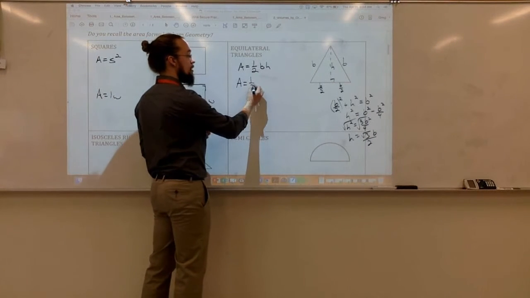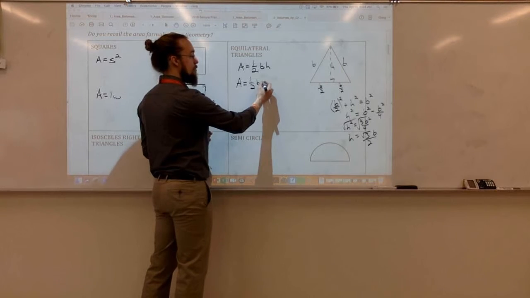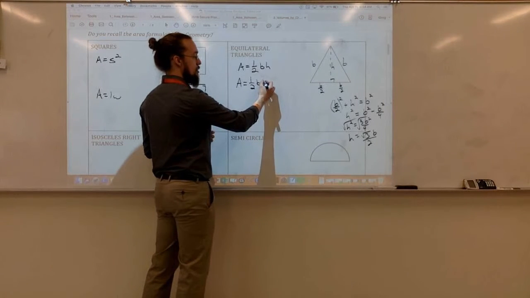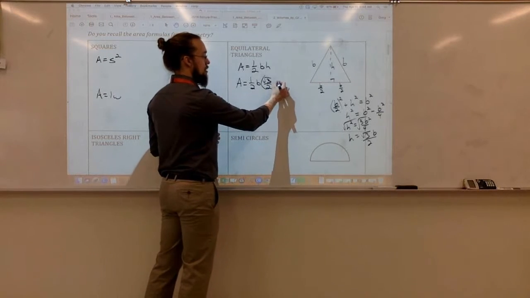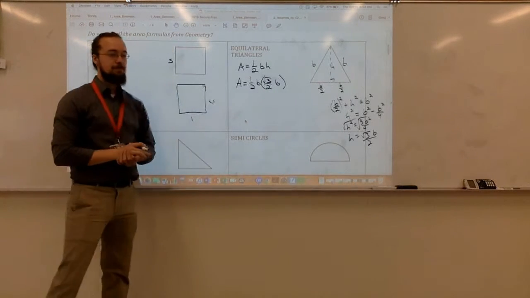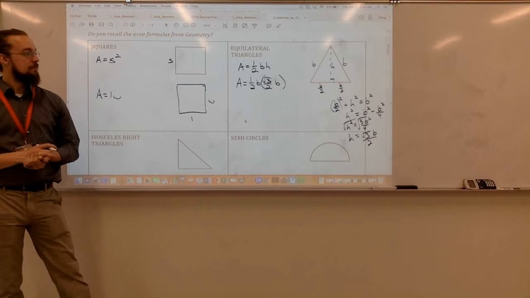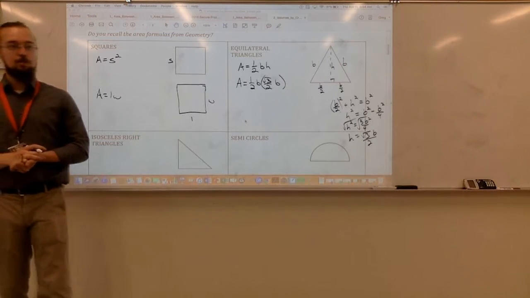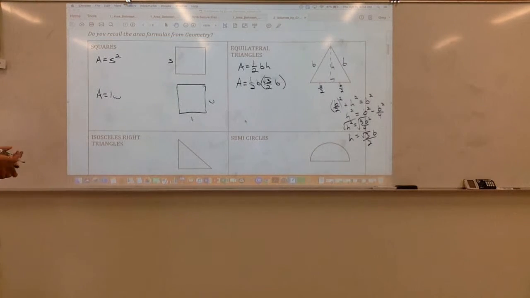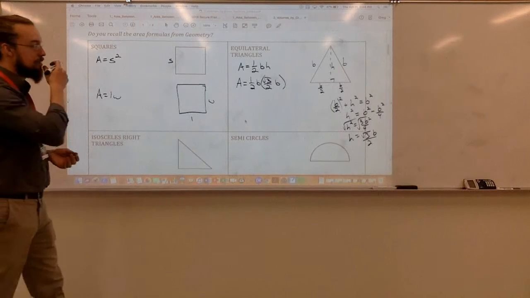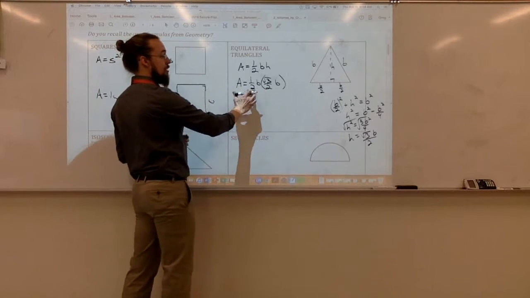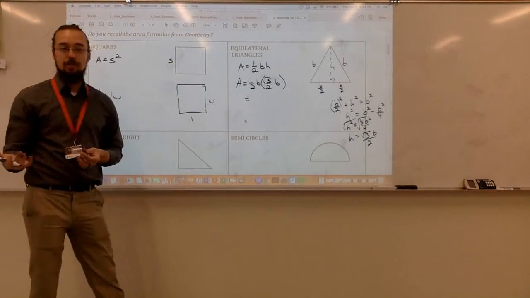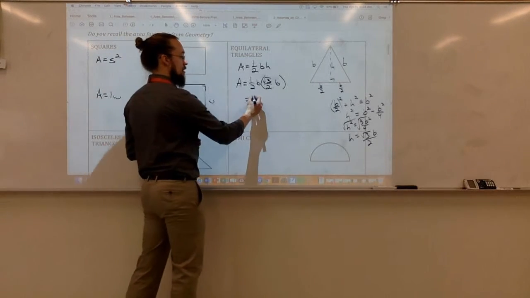So I can rewrite this as 1/2 times b times the square root of 3 over 2 times b. So can I clean that up a little bit more? So I can multiply the coefficients together, right?